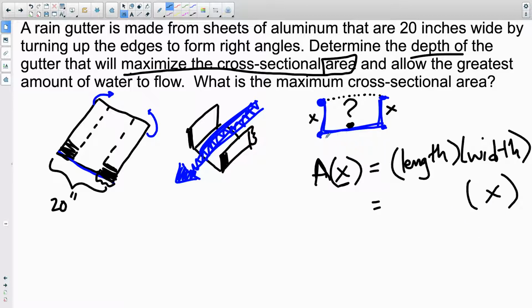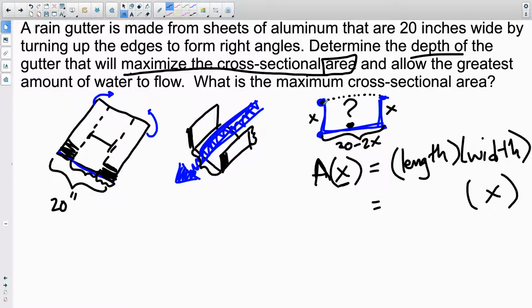So what's the length? How do I express this distance? That distance is this distance right here. Not the full 20, but the distance from here to there. And what is that distance? Well, if the whole sheet is 20 inches and we have to fold up x on either side, then this distance is the 20 inches of that sheet minus the two x's that we have to fold up.